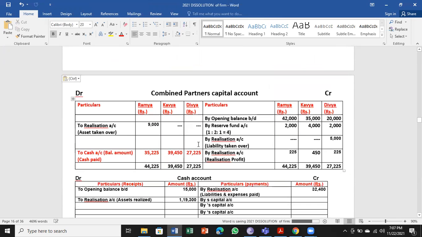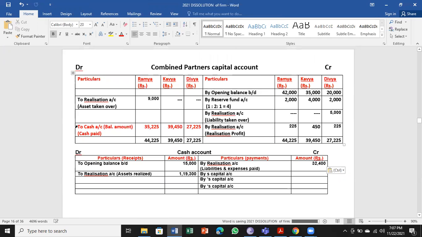Next, we will move on to the combined partners capital account. We have here to cash account. All the 3 partners have a balance here, so I'll go one by one. First one, Ramya's capital account, value 35,225.